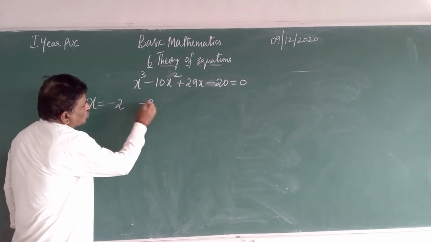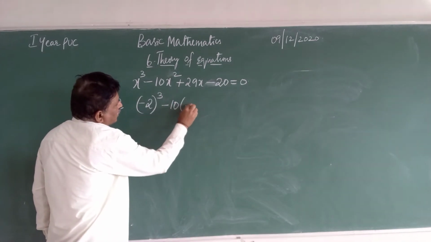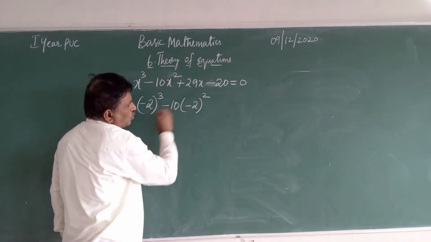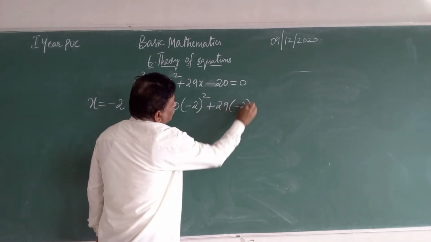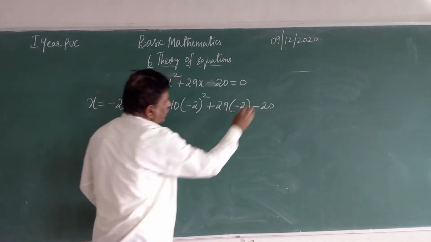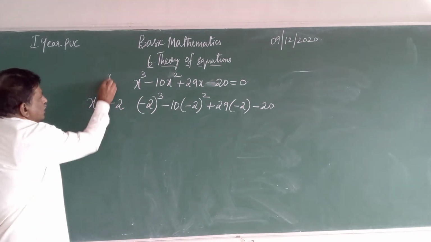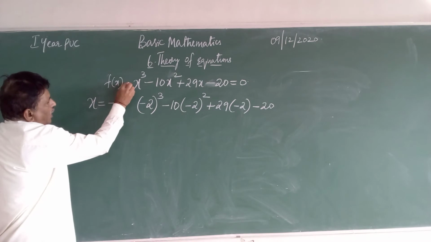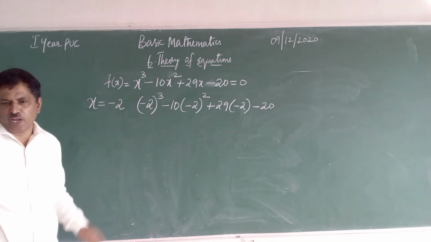So -2 whole cube minus 10 into -2 whole square plus 29 into -2 minus 20. So I have substituted the value of x. Of course, we know that this is taken as f of x. I have substituted the x value as -2 on the left hand side.